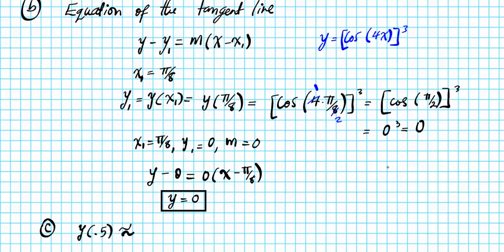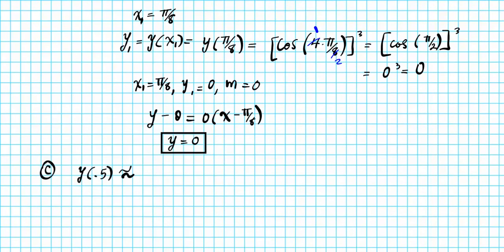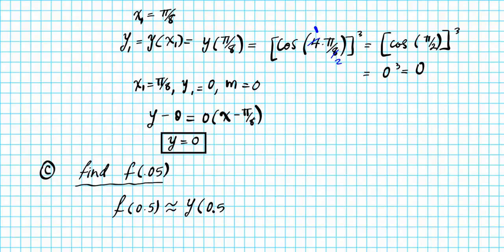All right, let's just make a switch in notation here just to separate the two functions. So the problem asks us to find f of 0.05. Okay, so what we're going to use to find f of 0.05, we're going to approximate it using the tangent line. Okay, y evaluated at 0.5.